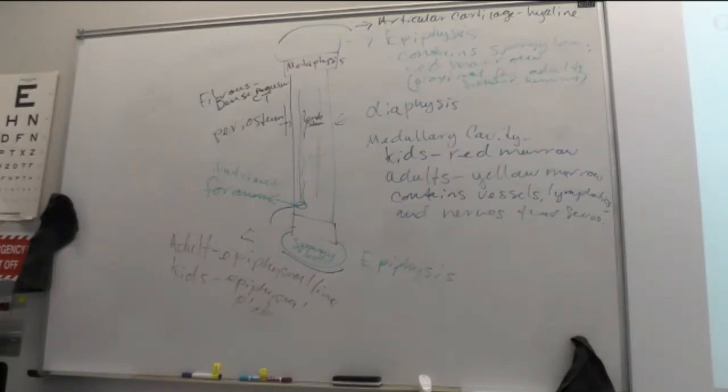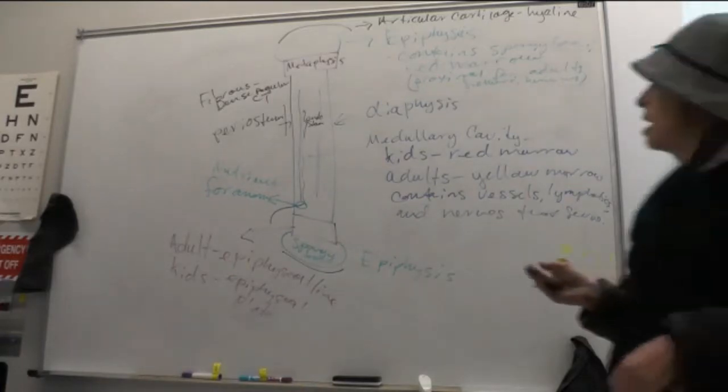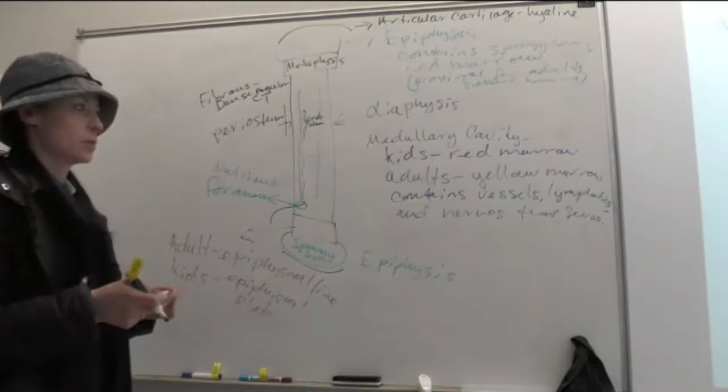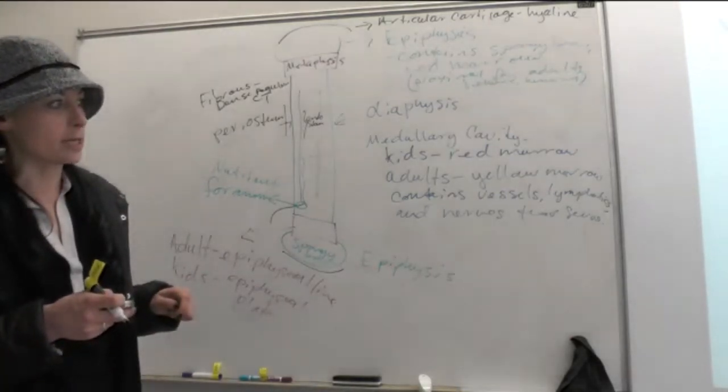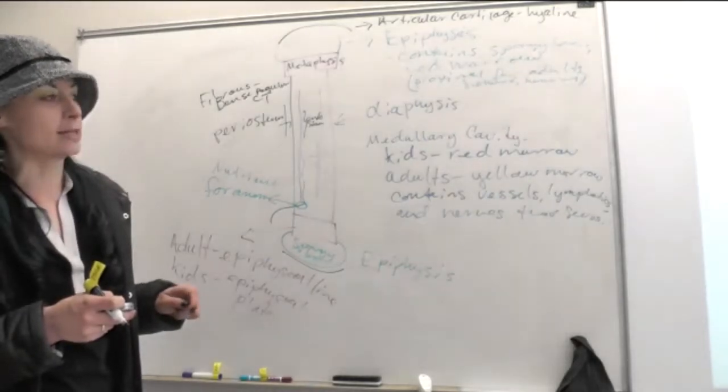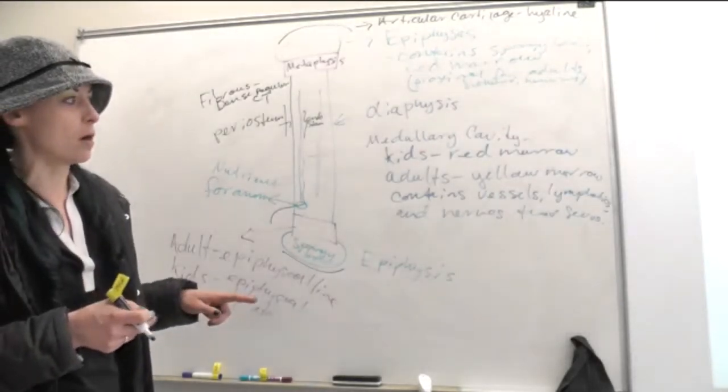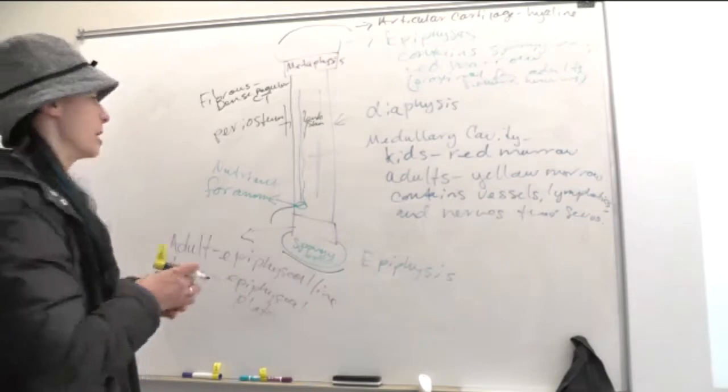Let me make sure I'm not skipping anything. Okay. So our fibrous layer has our dense regular connective tissue. That's really what's going to give us a nice structure here. You can see these perforating fibers coming in here, and then what's contacting the bone tissue is what we call the osteogenic layer.